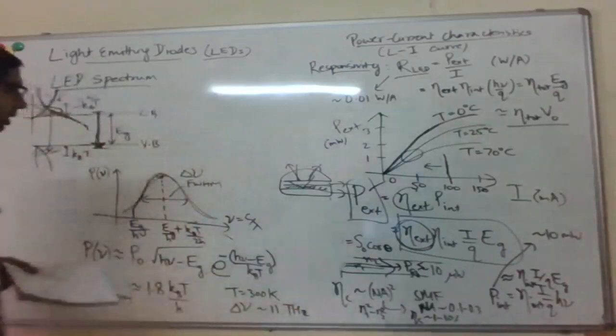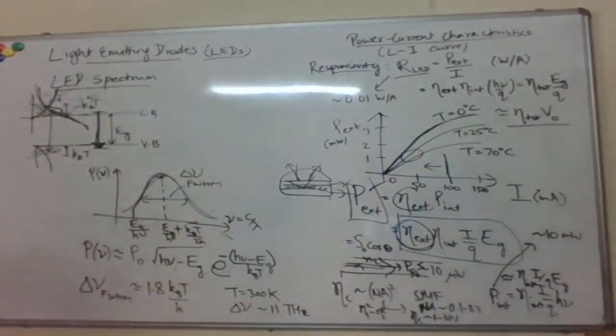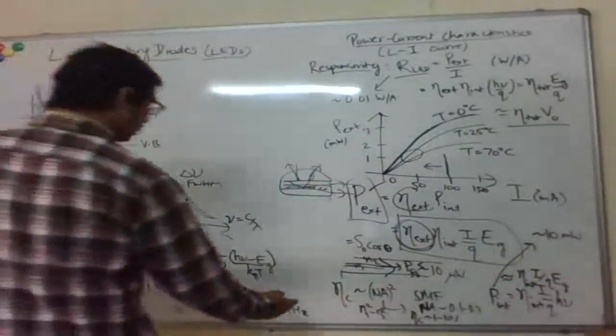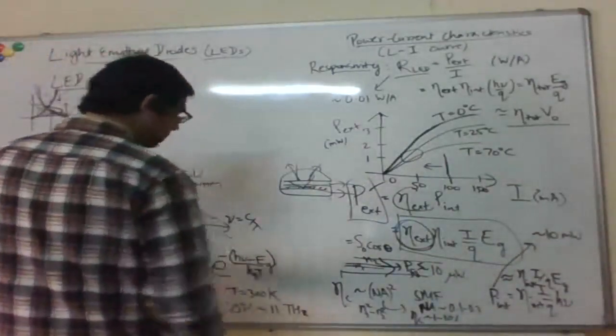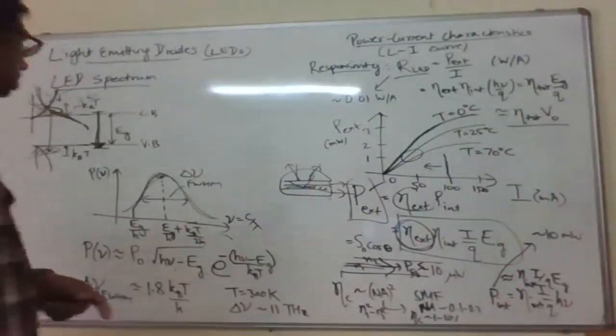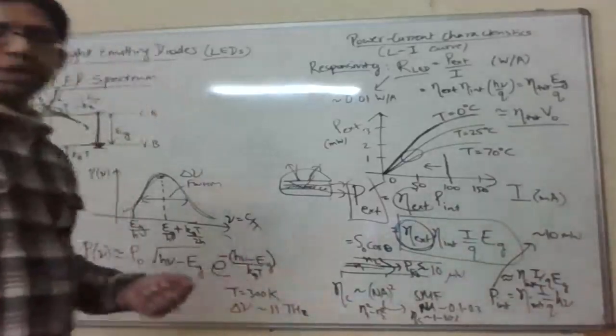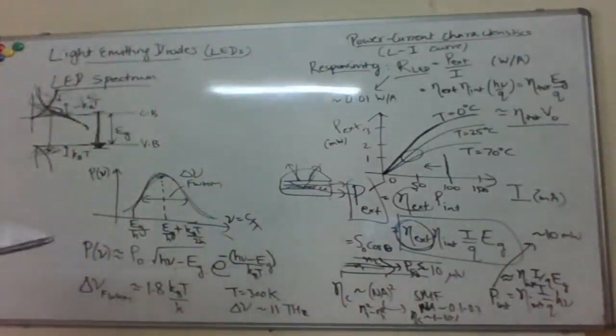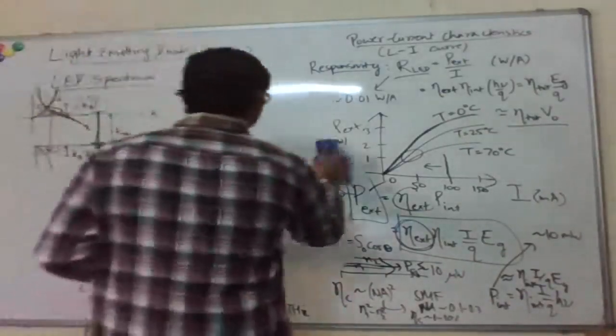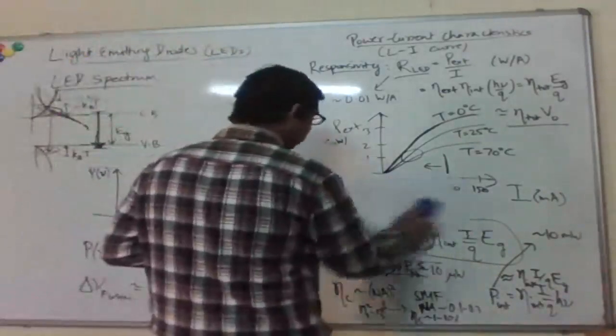So that's very broad. For lasers, we typically talk about gigahertz, megahertz, or even kilohertz line widths. Here for LEDs, we are talking about many terahertz. So it's a very broadband incoherent source.